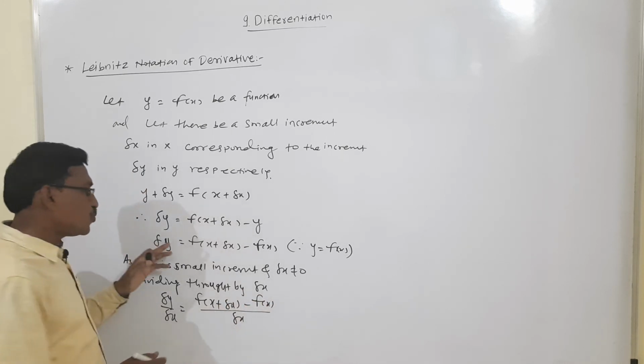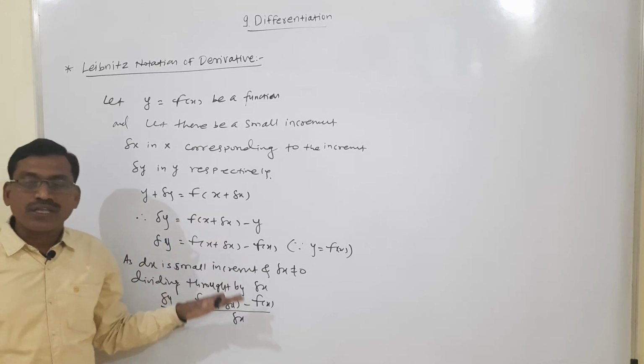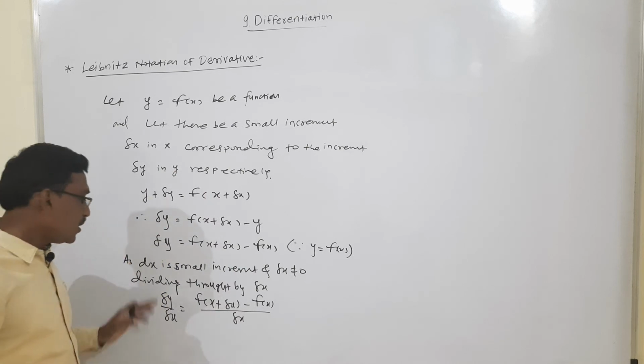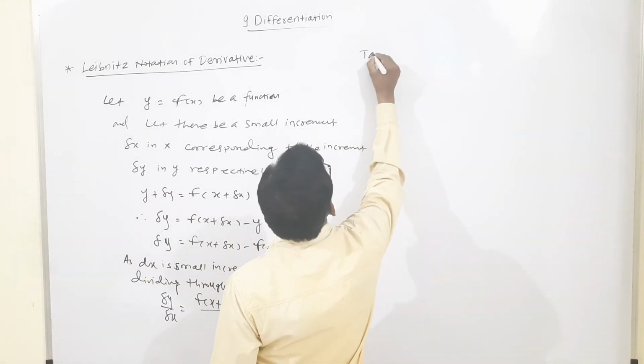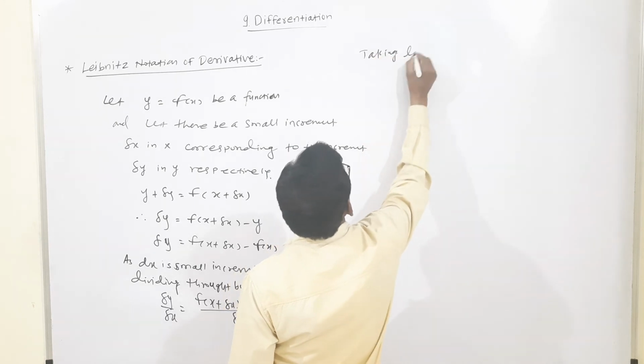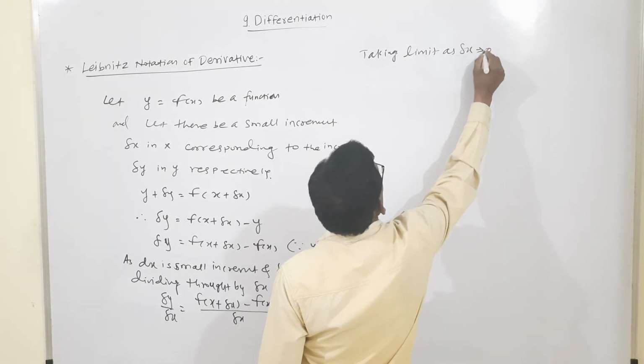We divide throughout by delta x because delta x is a small increment in x. Now we take the limit as delta x tends to 0 on both sides.